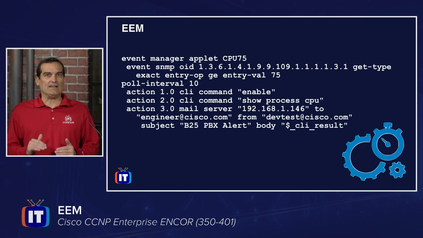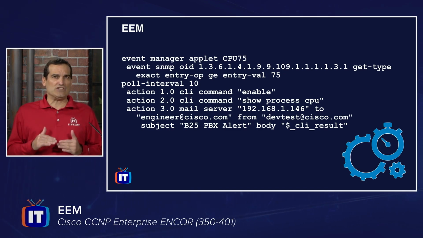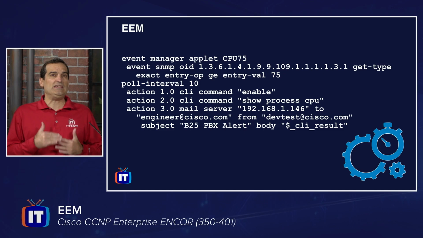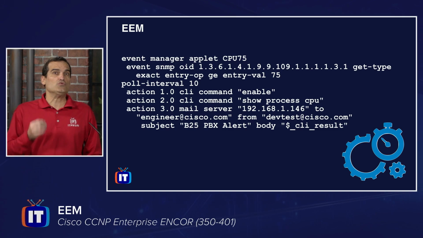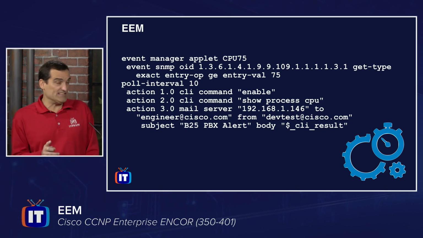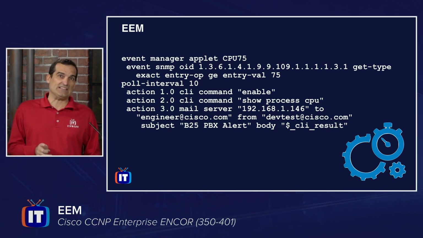We are looking at the SNMP object identifier for the CPU utilization on our device, and we are going to trigger the actions below automatically if we get a 75% CPU utilization or higher. The poll interval on this SNMP variable is going to be every 10 seconds.